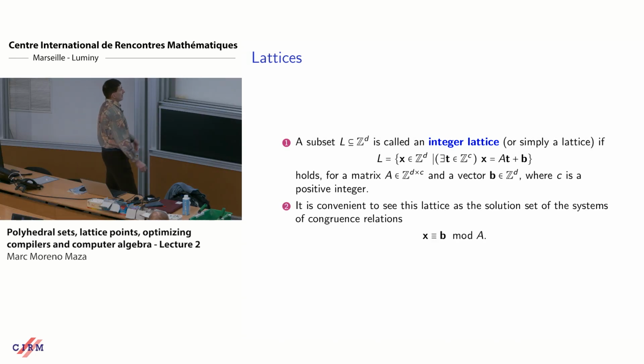And integer lattices are natural ways of solving systems of congruences. Here we have X and B, which are two vectors, and A is a matrix.